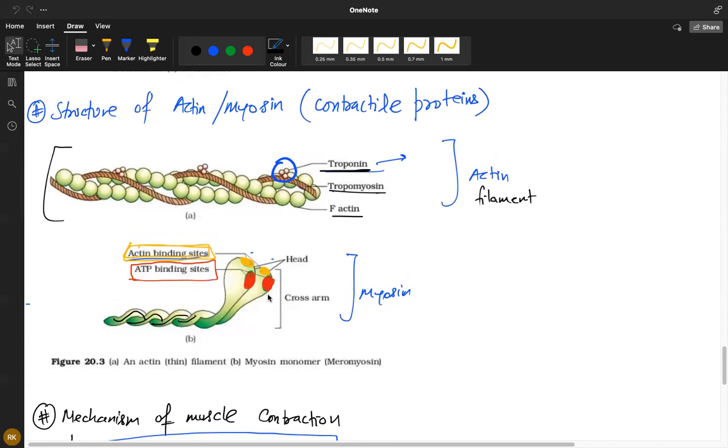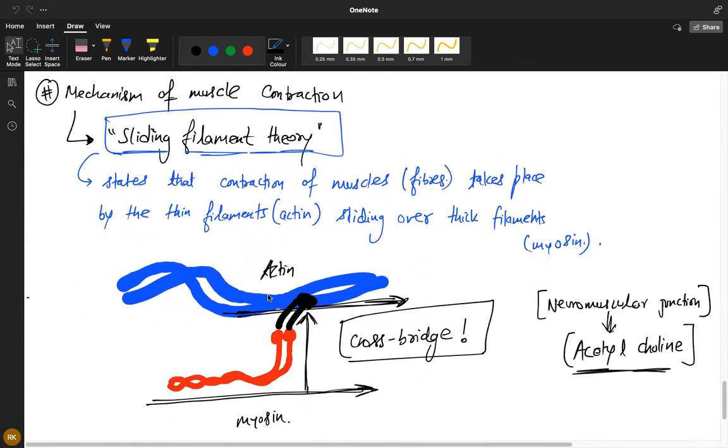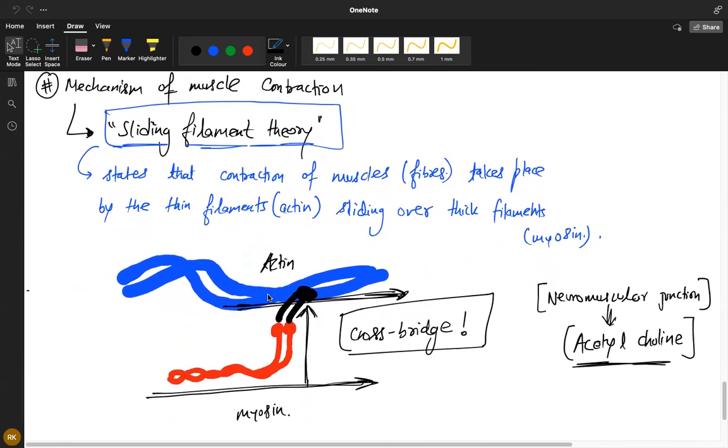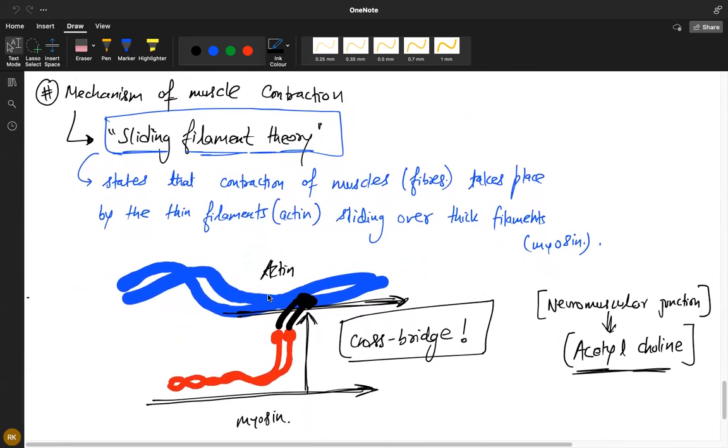Then we have the mechanism of muscle contraction. Actin are the thin filaments and myosin are thick filaments. The sliding filament theory states that contraction of muscles or myofibrils takes place by the thin filaments, actin, sliding over the thick filaments, myosin.